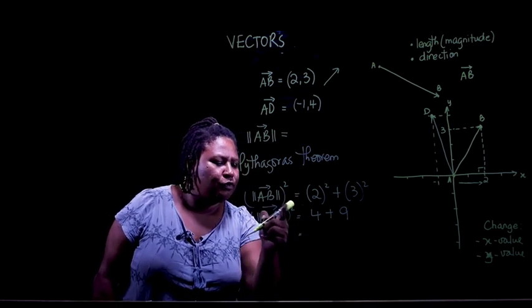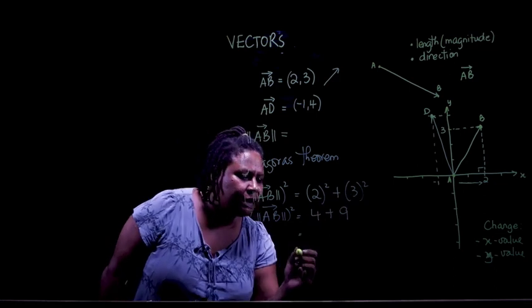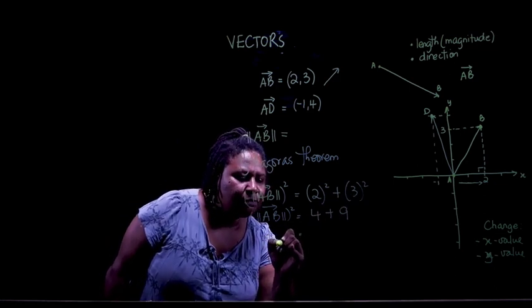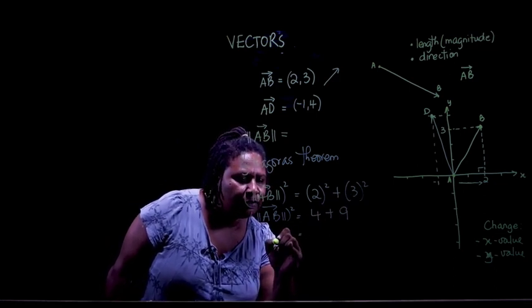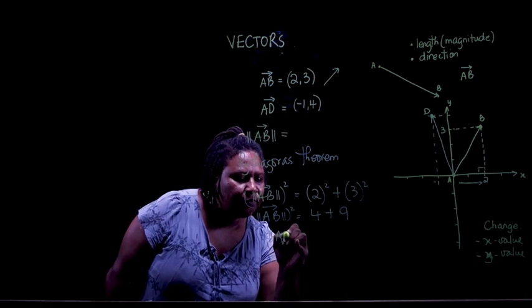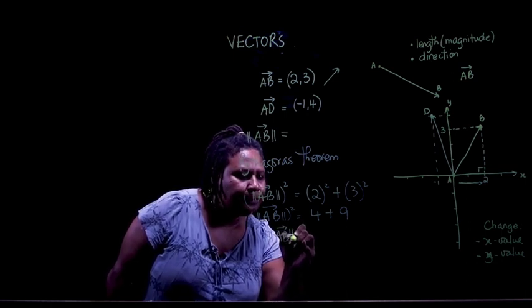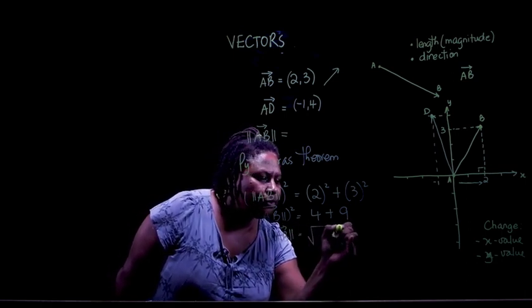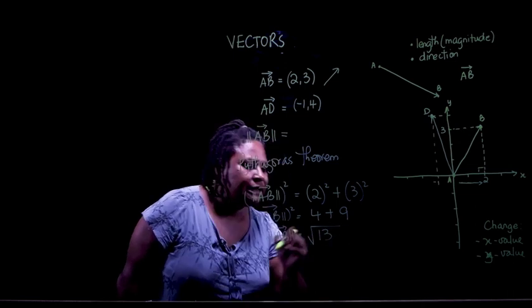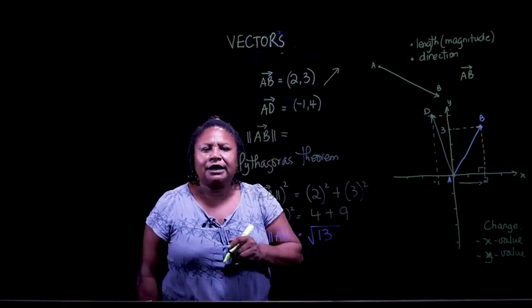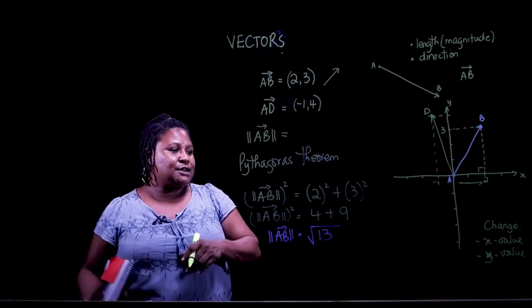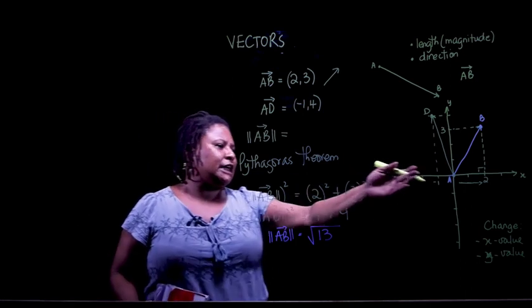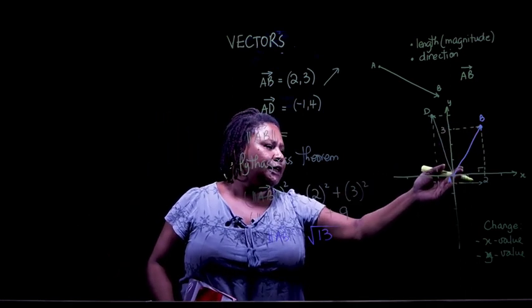Remember, we have to remove this square sign across to that side, so it becomes the square root. So the length of vector AB is the square root of 13.